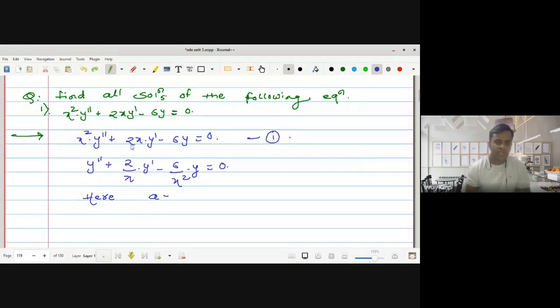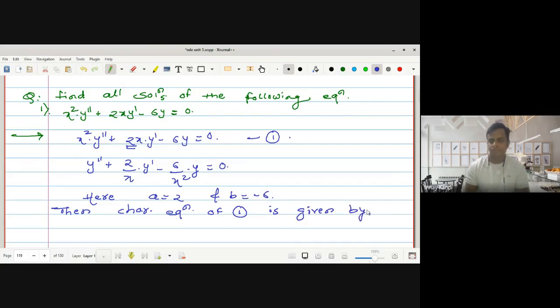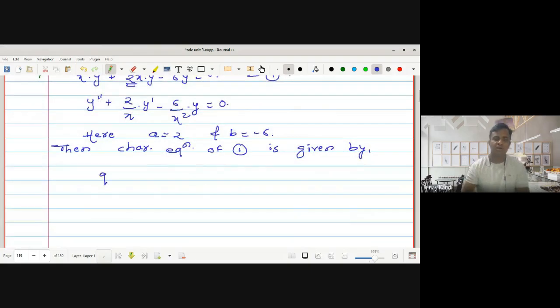Okay, now here a is equal to 2 and b is equal to minus 6. Then the characteristic equation of equation 1 is given by q of r is equal to r into r minus 1 plus a into r plus b is equal to 0.